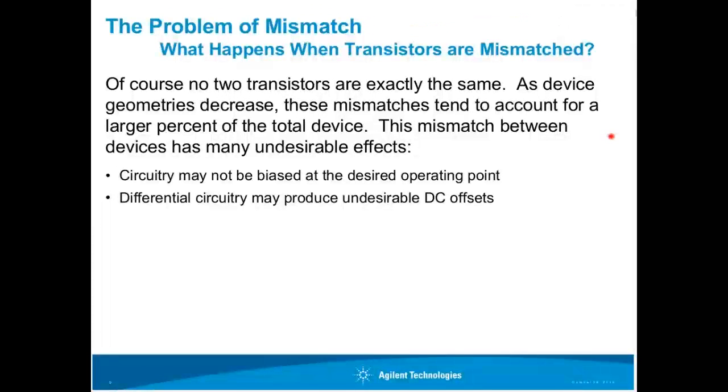Also, differential circuits might be intended to produce some DC level at the output. They might produce the wrong DC level, so that the signal levels going into a subsequent stage in the design may not be optimum for giving you the dynamic range that you need.